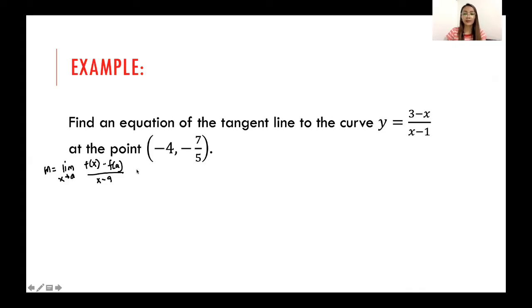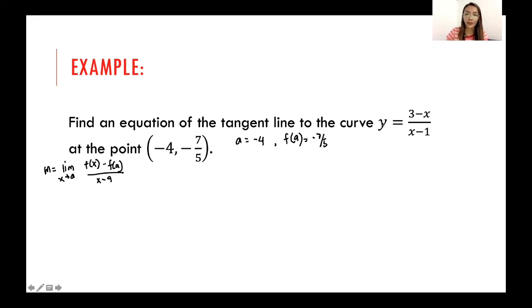Either of those definitions, yung dalawang definition na pinresent ko kanina, kahit alin doon, pwede niyong gamitin, kung alin ang mas madali para sa inyo. So now, our a here is equal to -4, diba? And our f of a is equal to -7 over 5.